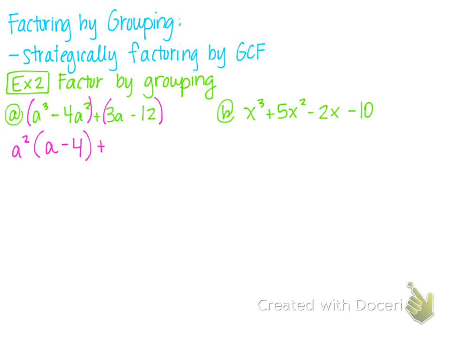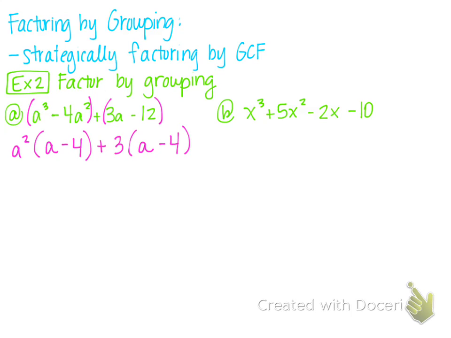Now, for the second term, whenever we factor out a GCF, we want to have this left. So the number GCF for them, they're both divisible by 3, and actually there's no letter that they have in common. So 3a divided by 3 is just a, and 12 divided by 3 is 4. So we set out to do what we needed to do. We wanted these two to be the same, and they are.